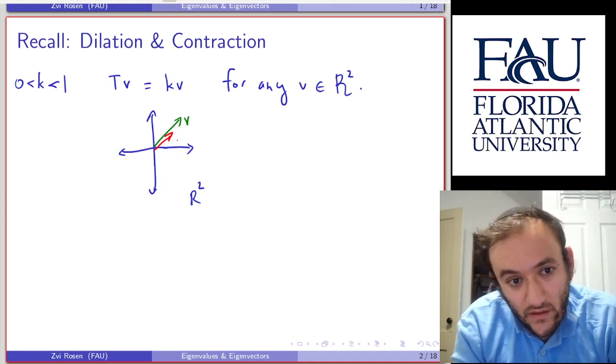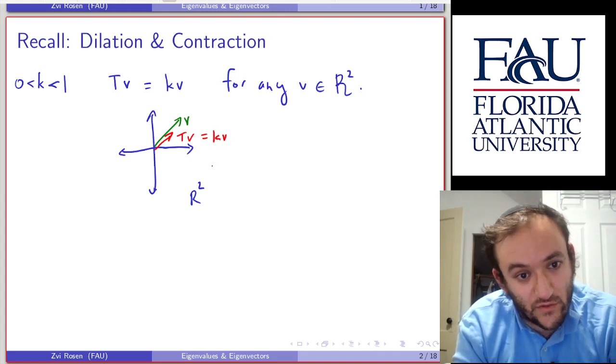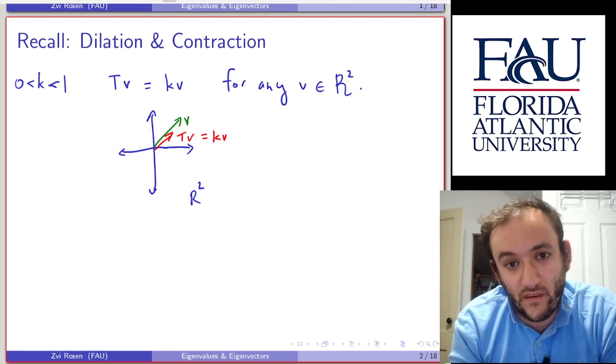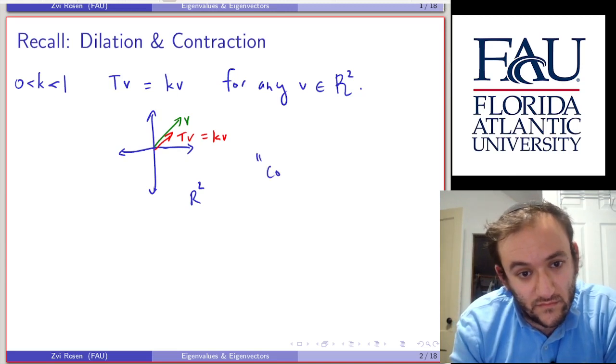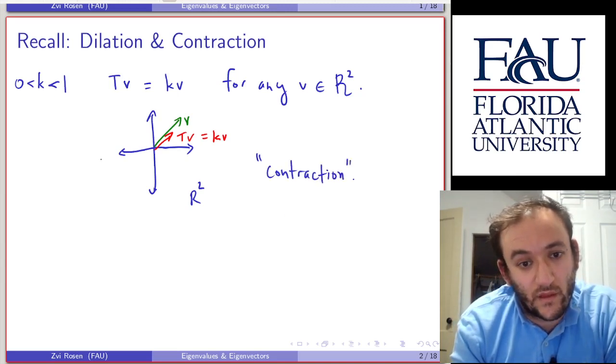So what's trying to be communicated here is that it's just a scaled version of v. It's just slightly smaller, okay? This is called contraction.